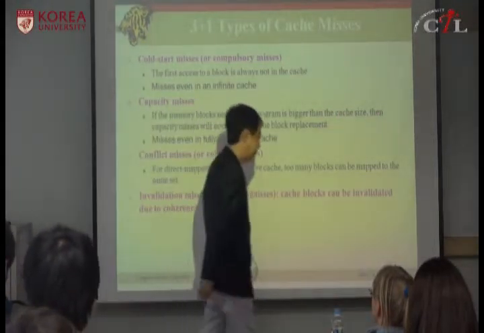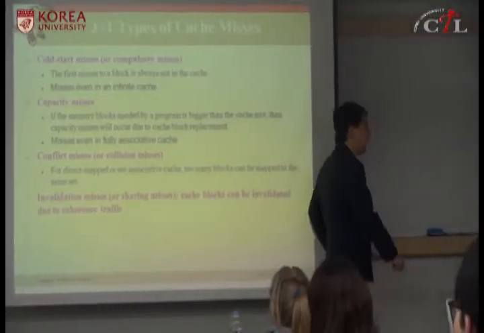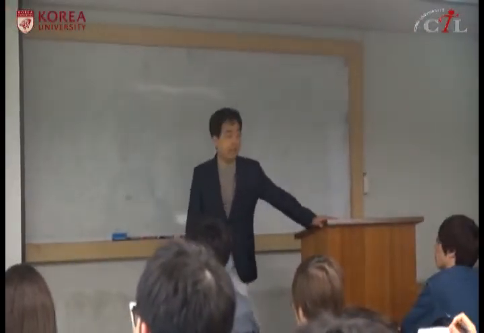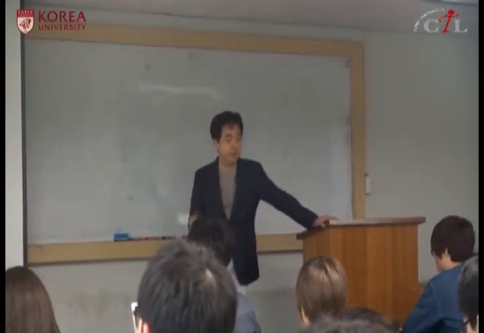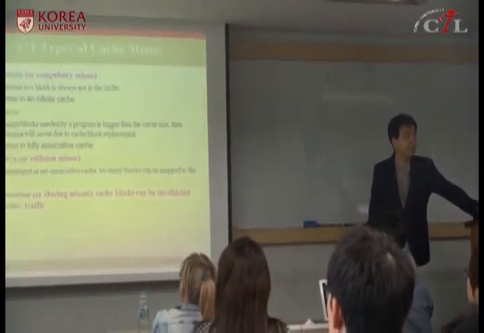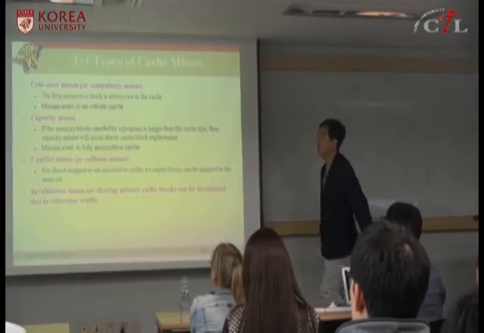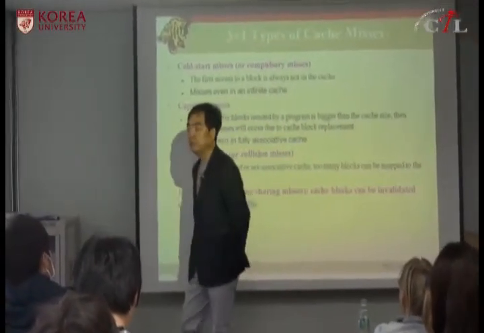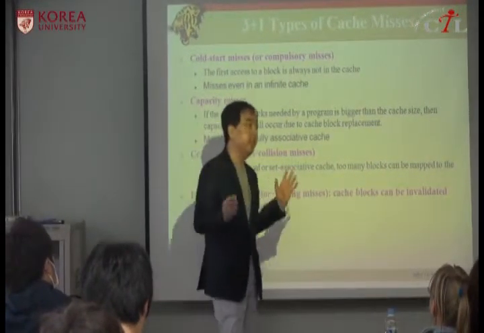Let's classify cache misses into three different types. So you can miss the cache based on these three different reasons. The first one is called cold start miss or compulsory miss. Cold start miss means initially caches are empty.